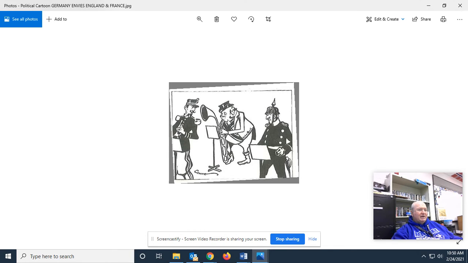Here he looks more like kind of a goofy fellow, obviously. This character here represents, I bet you can't guess. See the pointed helmet? Can anybody guess? Yes, that's Germany. This is a character of the Kaiser Wilhelm II. This guy represents, anybody want to guess this one?